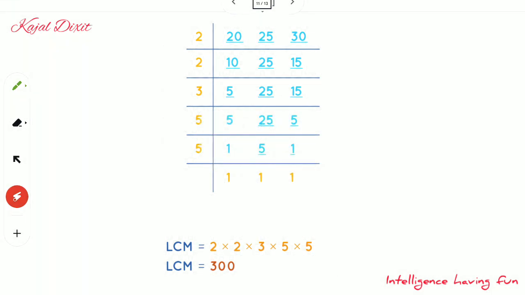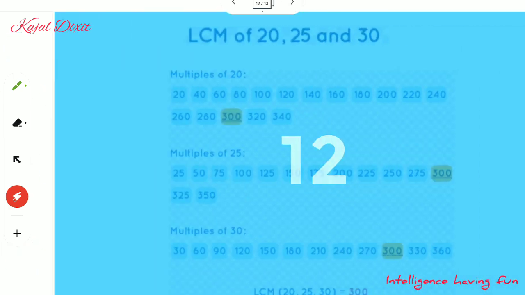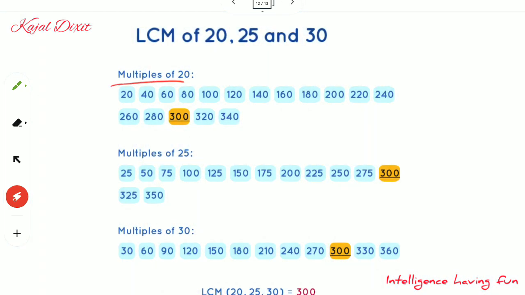So 300 is the LCM of 20, 25 and 30. We can also verify this with the common multiple method. You can see here we have written the multiples of 20, 25 and 30, and clearly 300 is the first common multiple of all the 3 numbers.